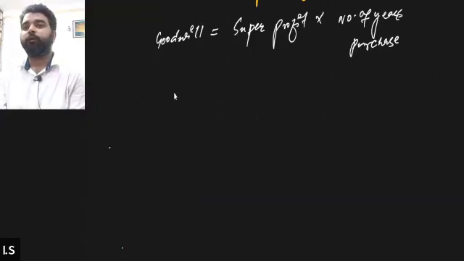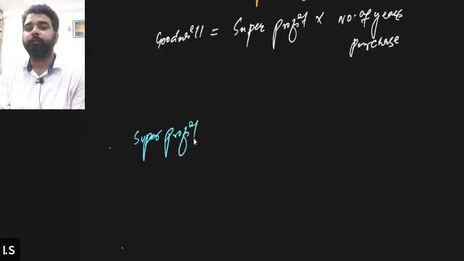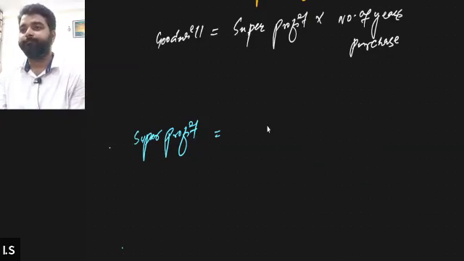See, if the question does not provide the information of super profit, then in such a situation, super profit can be calculated by applying this formula. Calculation of super profit is very simple. All we need to do is to subtract the normal profit out of the average profit.